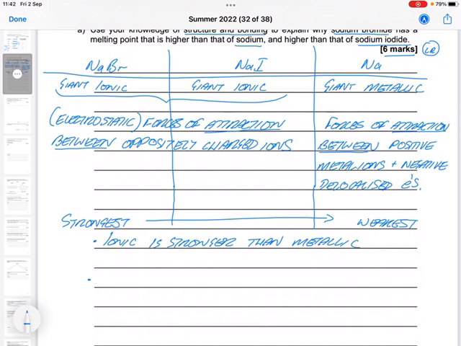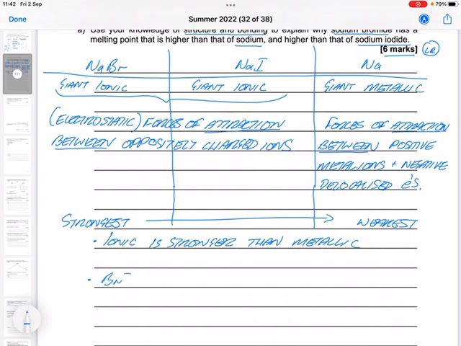Things to watch out for here: if you mention bromine or iodine, you'll lose these marks here. Do not get confused between bromine, bromide, iodine, and iodide. The easiest way to get around that is to actually put the ion like that.